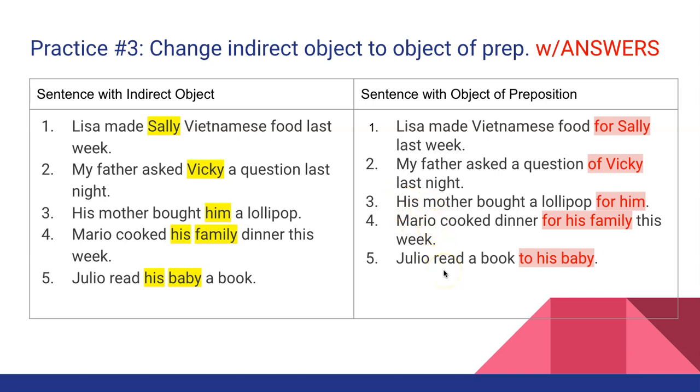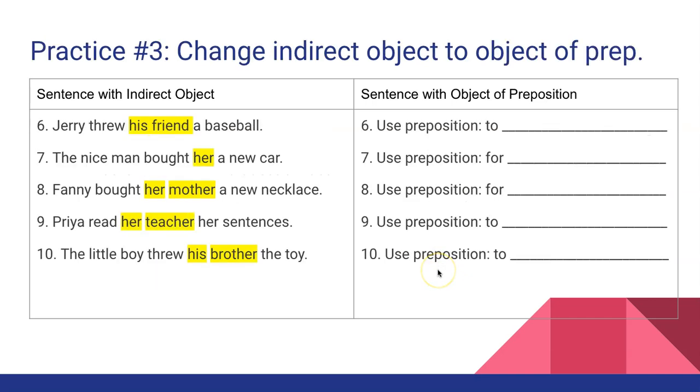Pause the video and check your work. So we finished with sentences 3, 4, and 5. Now it's time to do sentences 6, 7, 8, 9, and 10. Again, you want to change the sentences from using an indirect object, change it to use an object of a preposition. Pause the video here to do this practice activity.